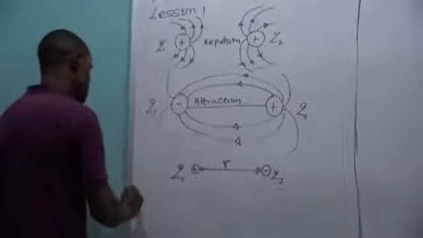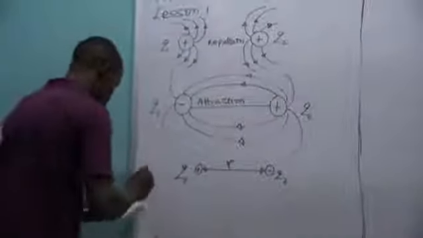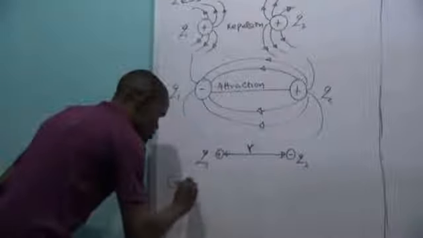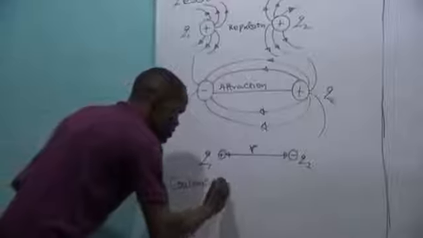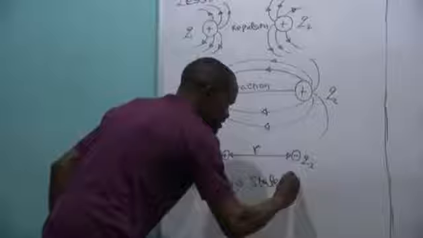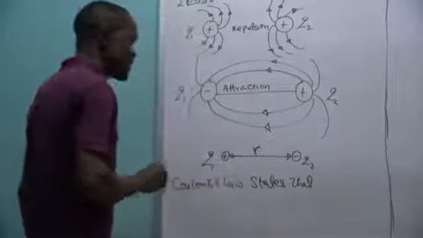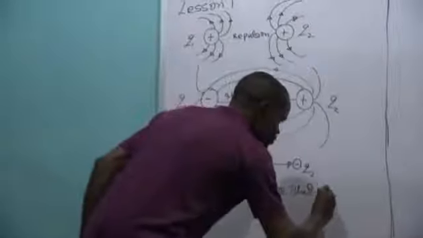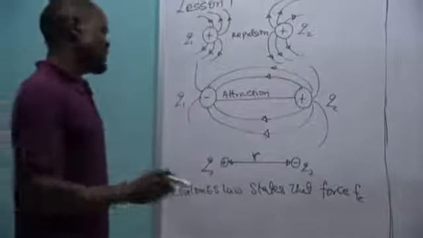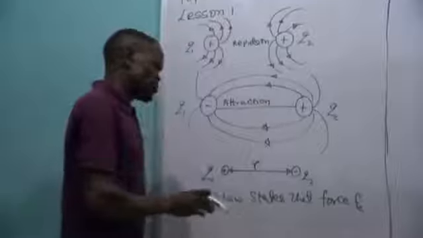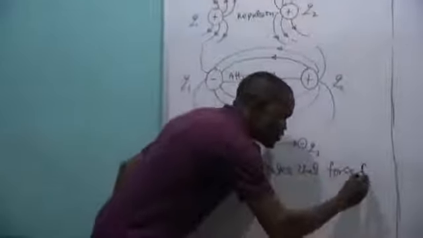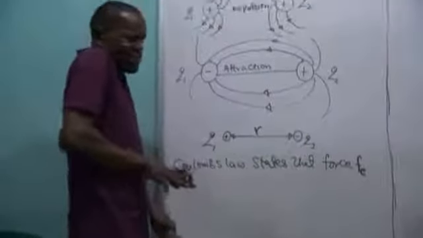Coulomb's Law states that the force, Fe, is the electrostatic force, because this is a static charge, it's not moving.